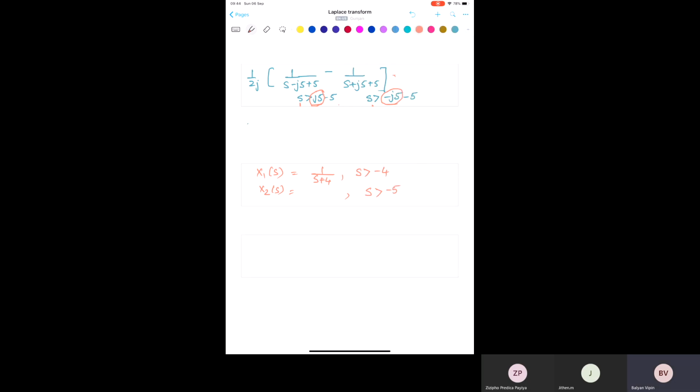If you know the way of doing it on the number line, it works like this: one point is minus 4 and the other is minus 5. One of them is saying this range, and the other is saying this range. So what's the common area? The common area is s must be greater than minus 4.